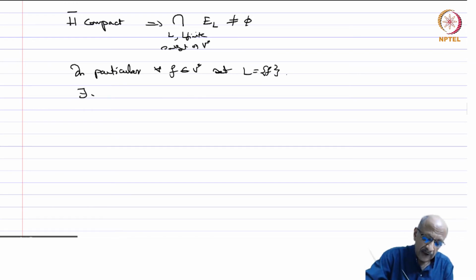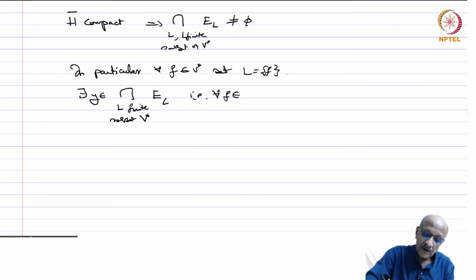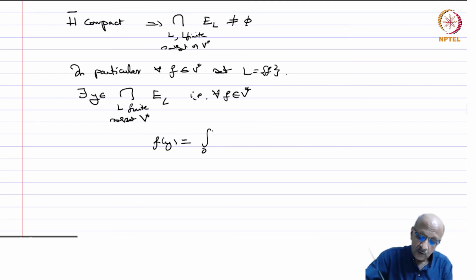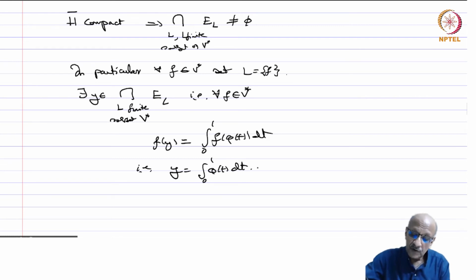Therefore, there exists a y in the intersection over L, finite subset of V star, of EL, that is, for every f in V star we have f of y equals the integral from 0 to 1 of f of phi of t dt, that is, y equals the integral from 0 to 1 of phi of t dt. So this proves that for continuous functions you always have the integral.